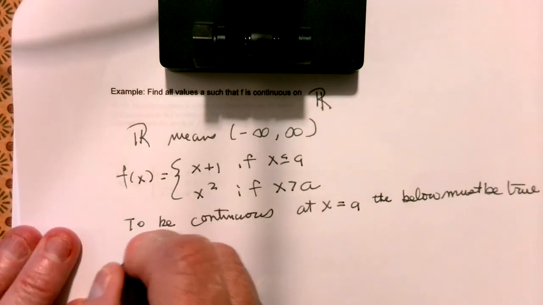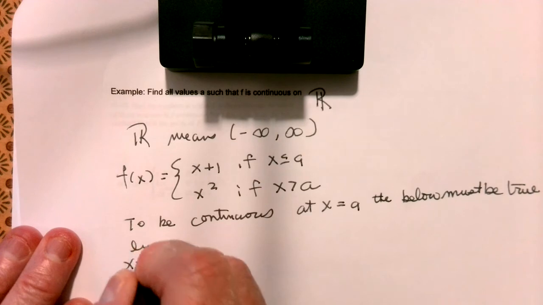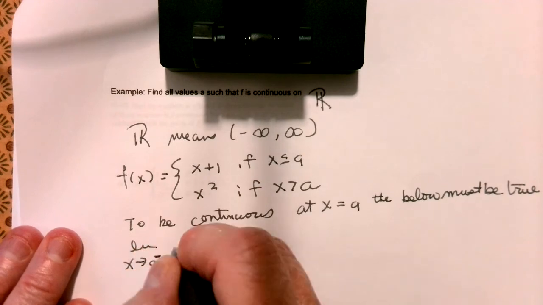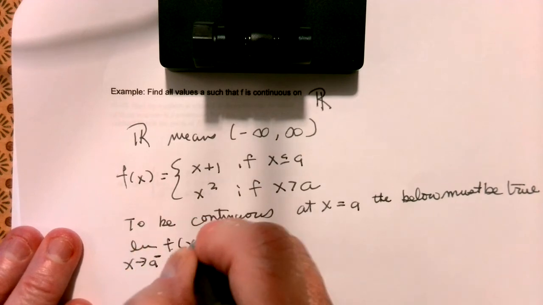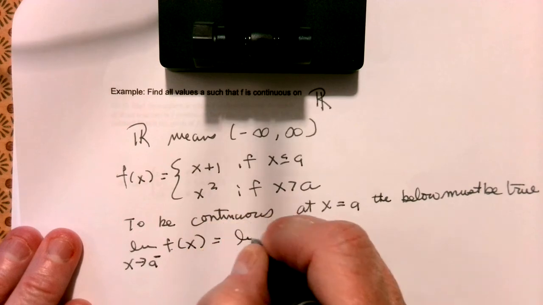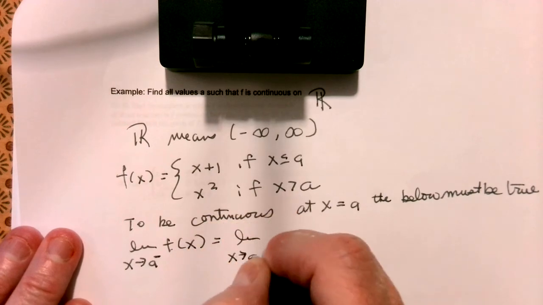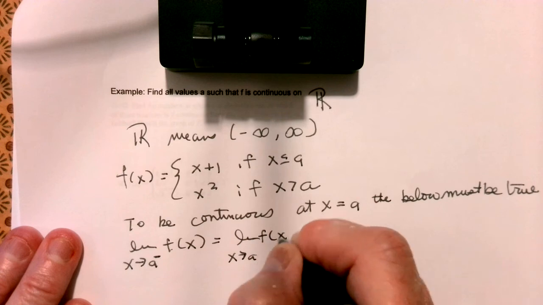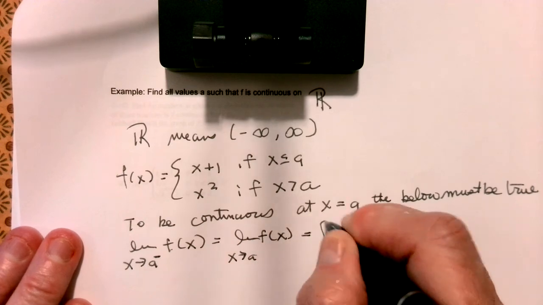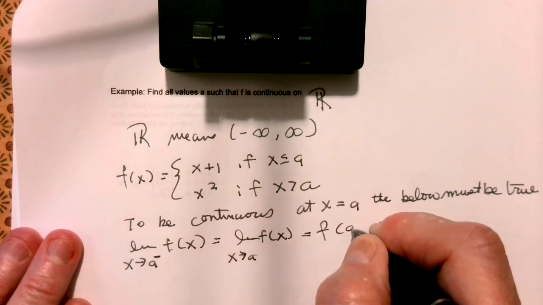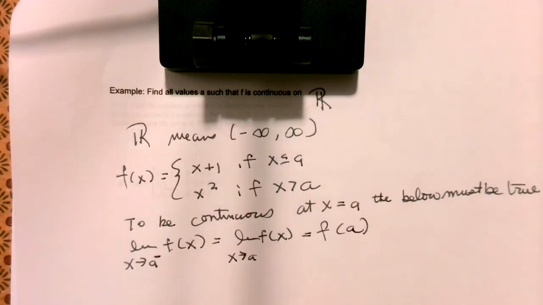Okay, so the limit as x approaches a from the left of f of x must be equal to the limit as x approaches a from the right, which must be equal to f of a, the function value. So for the limit as x approaches a from the left, we would use this piece.